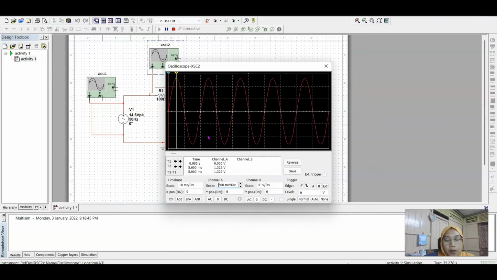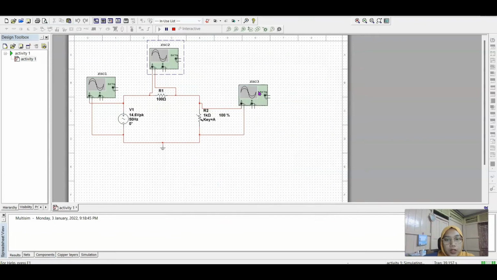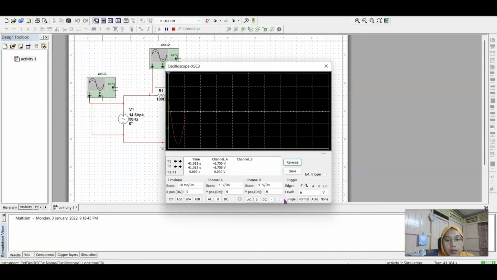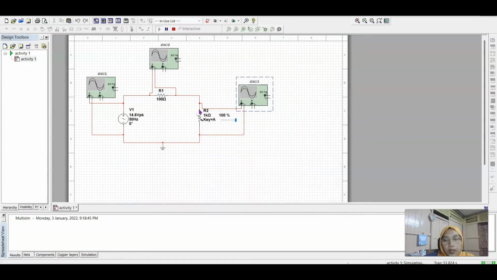The amplitude for resistor 1 is 1.322 volt. Let's check the amplitude for the variable resistor. The value is 13.221 volt. This is from the simulation.